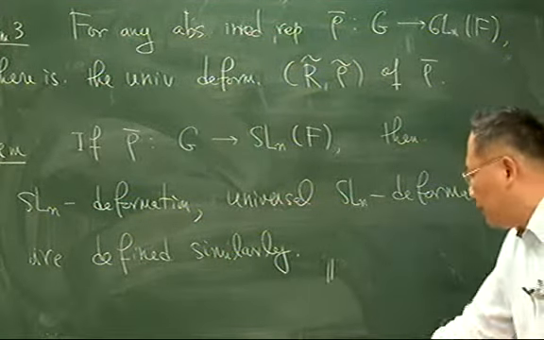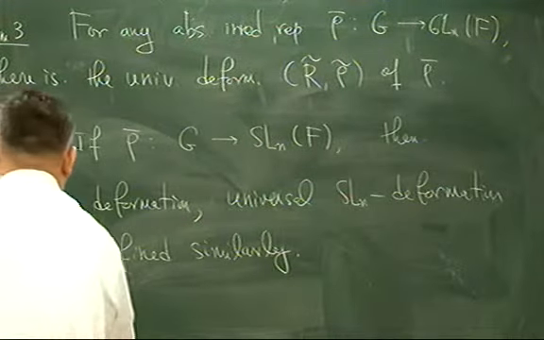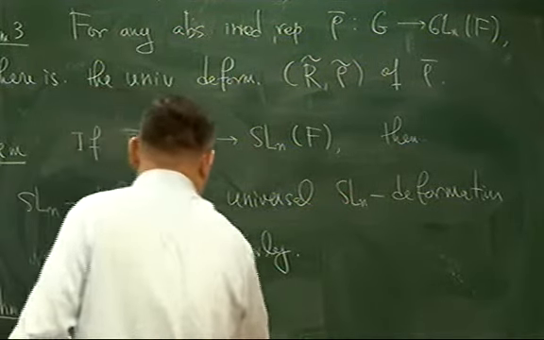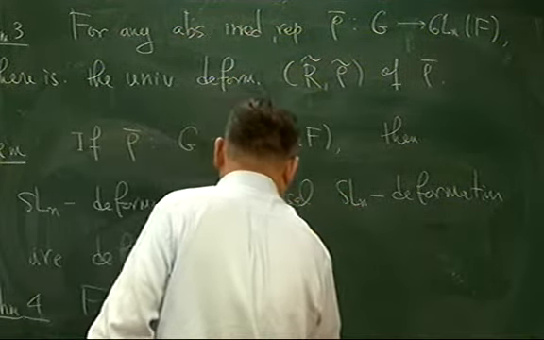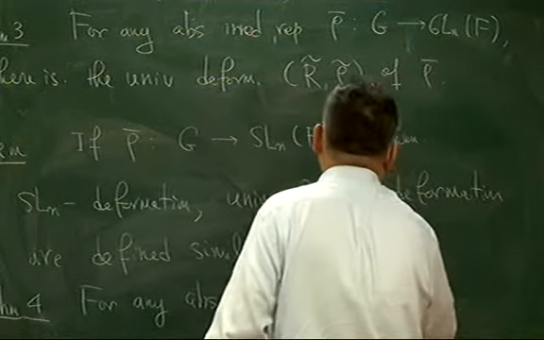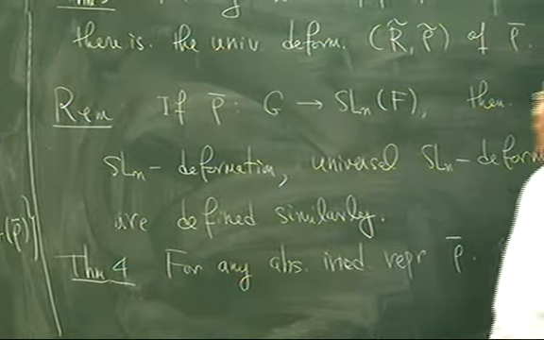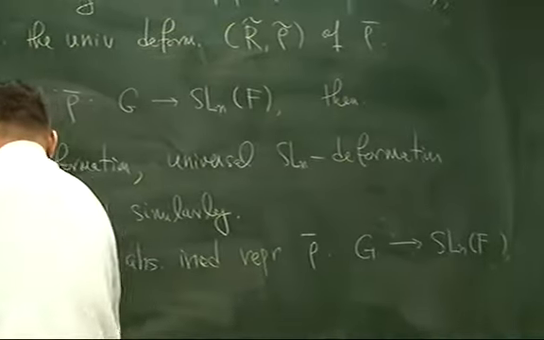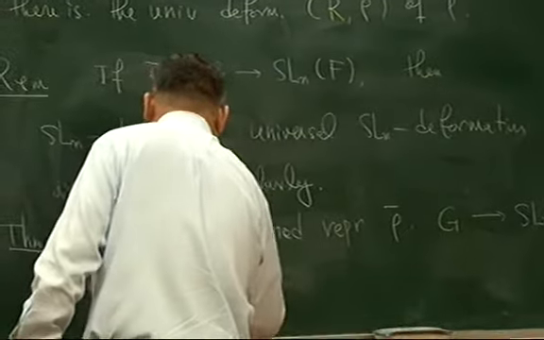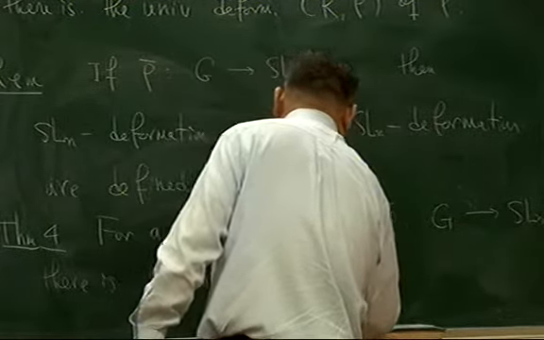Then Theorem 4 is that for any absolutely irreducible representation rho bar from G to SL_N(F), there is the universal SL_N deformation.